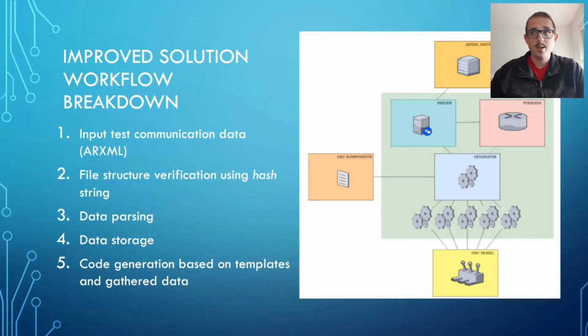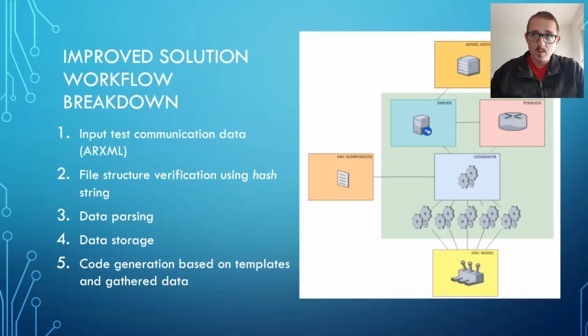So data gets parsed, it all gets stored, but with the hash string. And then everything goes into storage. This time the storage is not in pickle mode, but in an SQL database.